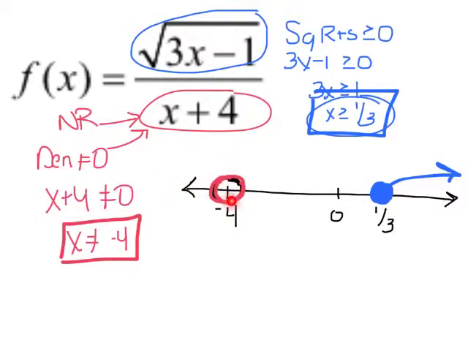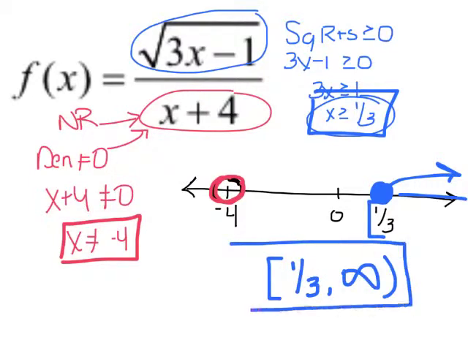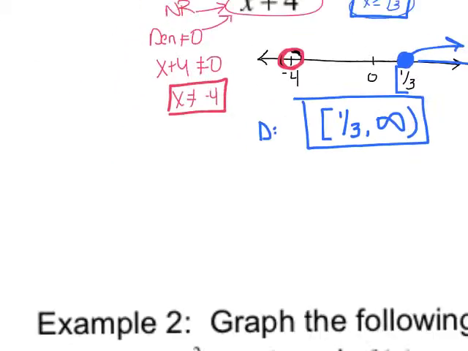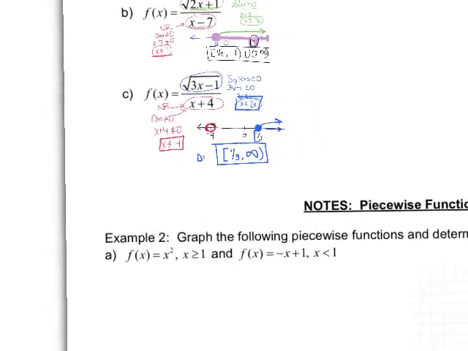This is just saying don't be negative 4, but I wasn't negative 4 anyways. So I'm not going to start until I hit a third. So I'm going to hit a third and say, okay, that's okay. And then I go on forever. So a third to infinity. And that's it.